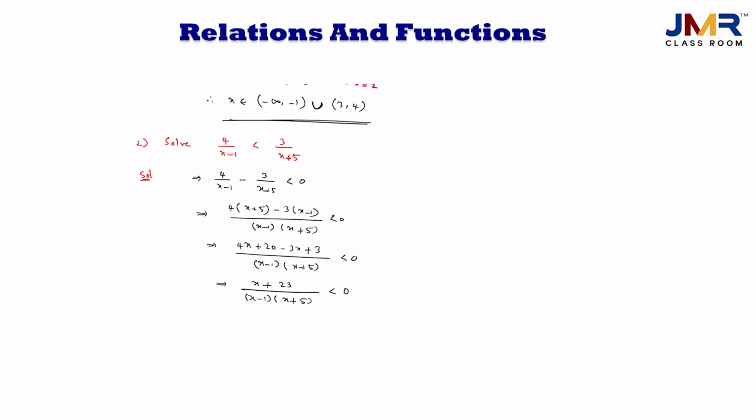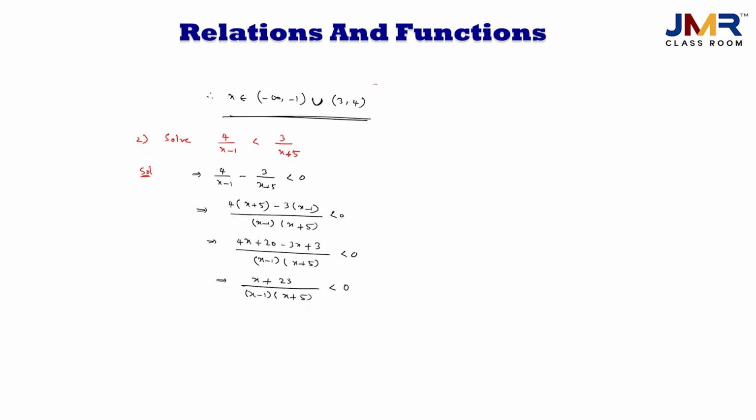The same method you have to follow. Again, now also don't cross multiply. Again, critical points. Critical points means make each factor of the numerator as well as the denominator equal to 0. X plus 23 equals 0, x equals minus 23. X minus 1 equals 0, x equals 1.